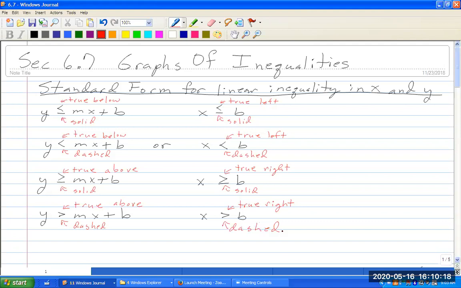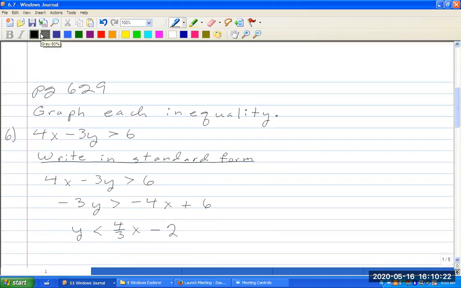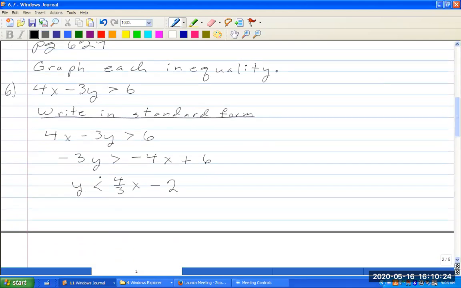Okay, so now let's do this. This is less than, so this is going to be true below. There's no equal sign, so the line is dashed.